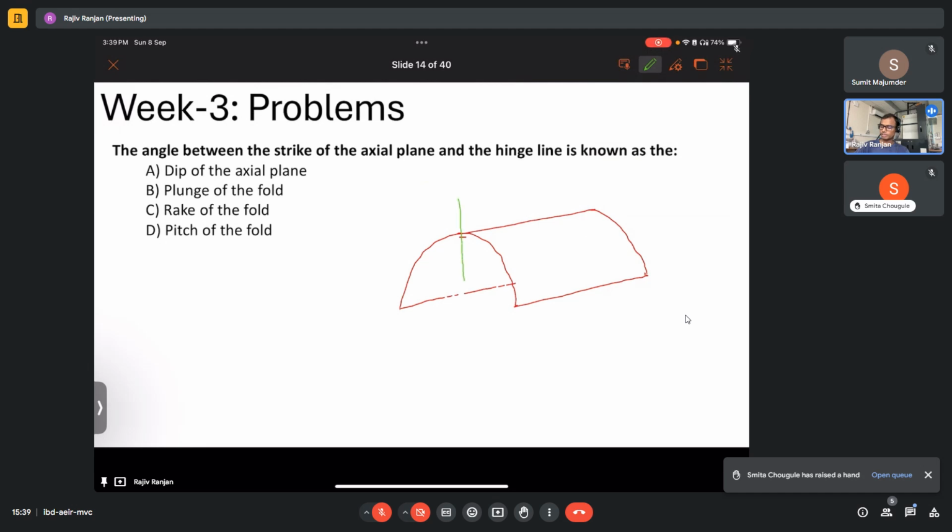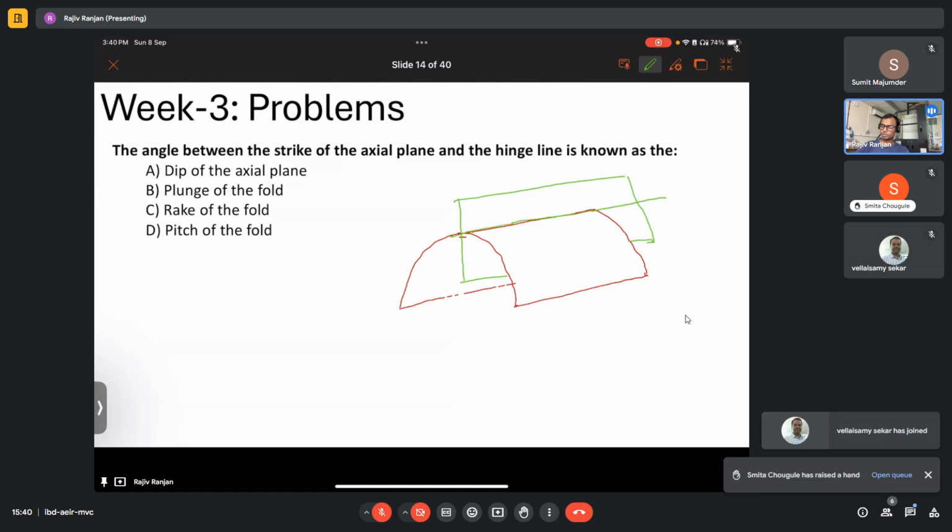Suppose this is the axial plane, this is the strike of the axial plane, and the hinge line would be like this.